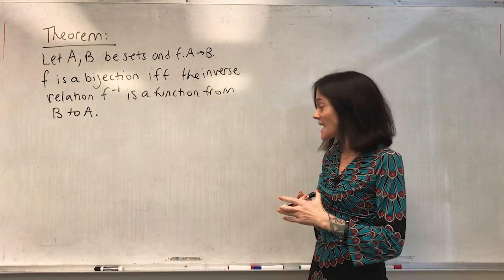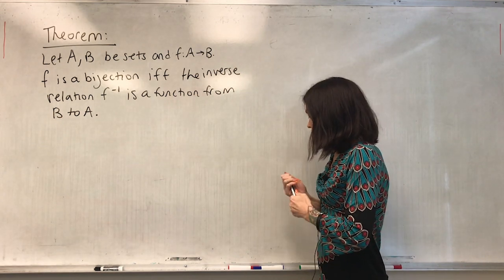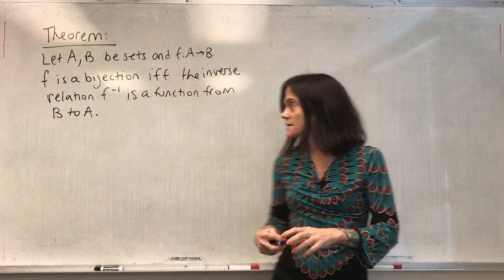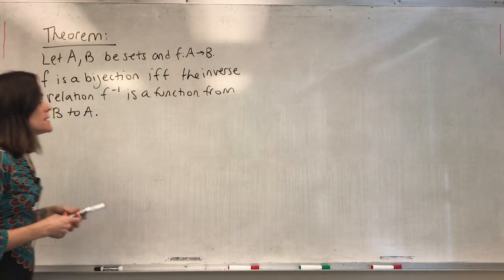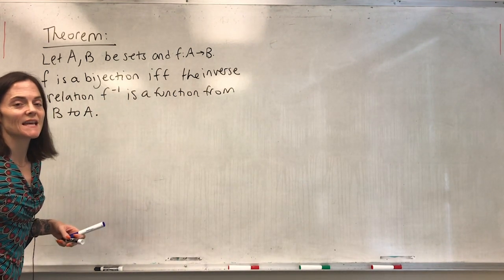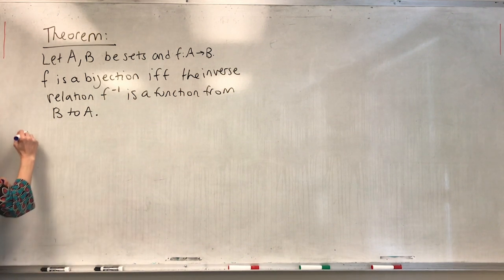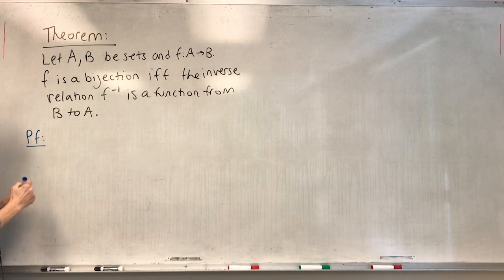Now, part of this we have discussed. This came up in video number 1. Maybe I will remind you that in the proof, we've discussed part of it, which is when F is 1-to-1, the inverse relation is a function, but there's a little bit more here. So let's talk about the proof.